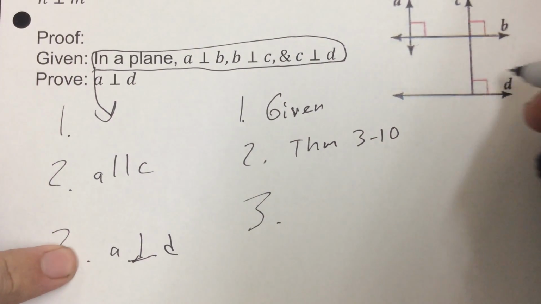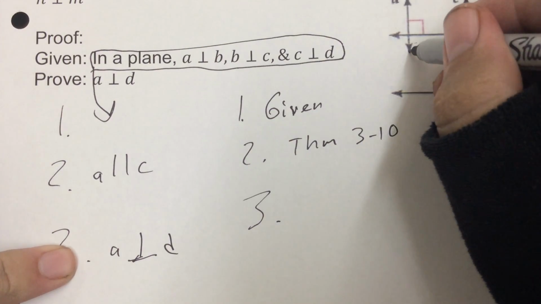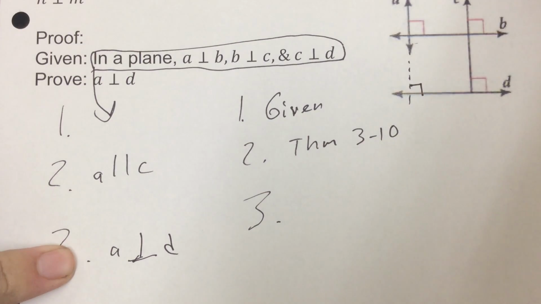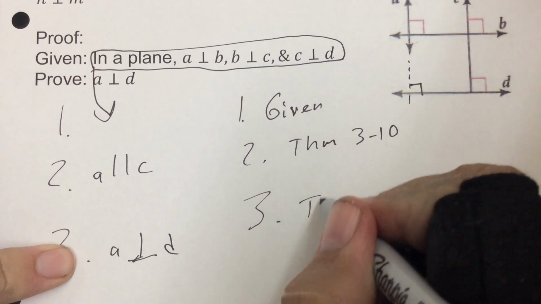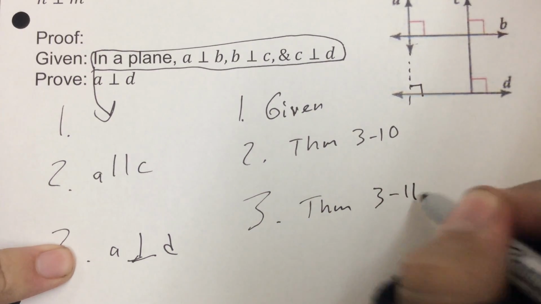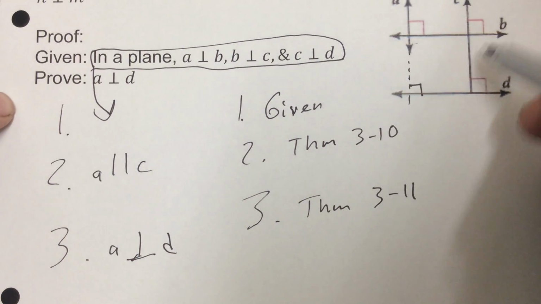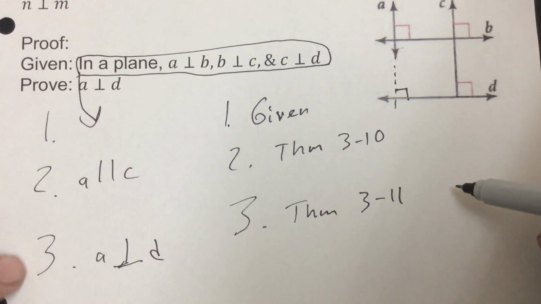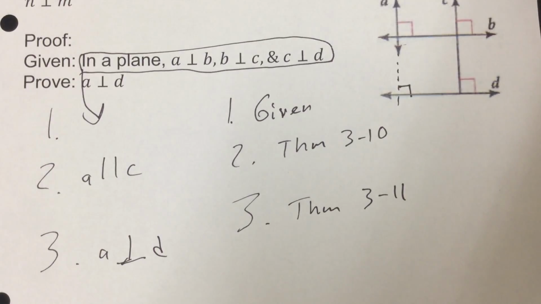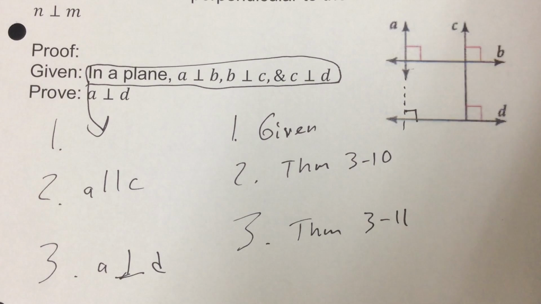But the reason why AD, so if we continued A down here, this would be perpendicular as well by that Theorem 3.11. So this isn't proving Theorem 3.11, but it's just doing a proof using these here. And so we can make this work thanks to Theorem 3.11.